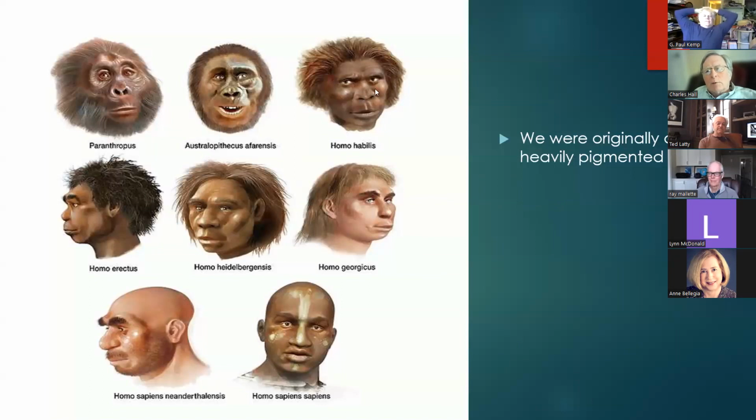Our original coloring was almost certainly dark, to protect us from the sun. I was a lifeguard a lot as a kid, and I go to my skin doctor, and he freezes out these pre-cancerous things all over my head. I still have to do it every year. And I said to him, how come I have such crummy skin?